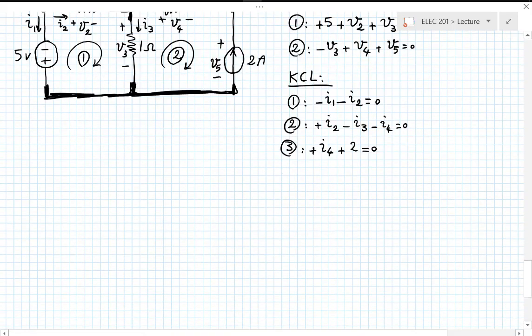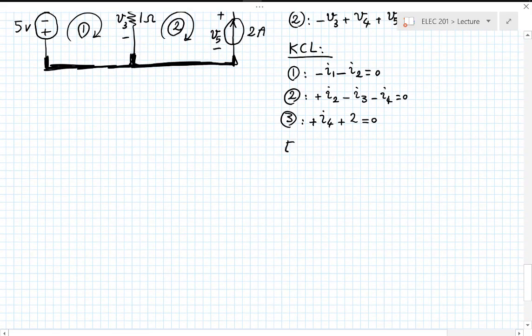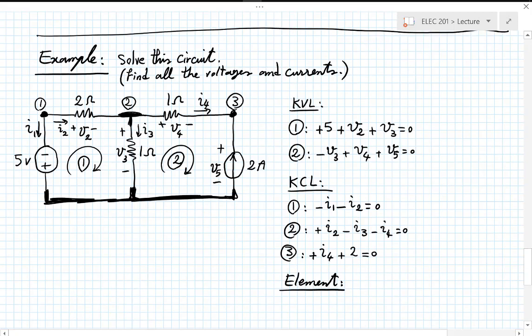And finally, the element relationships. If you look, I have already included what I know about the sources. I have already included the fact that the voltage by this voltage source is 5 volts this way, and the current by this current source is 2 amps that way. So that's already implied in my equations. So that's trivial.